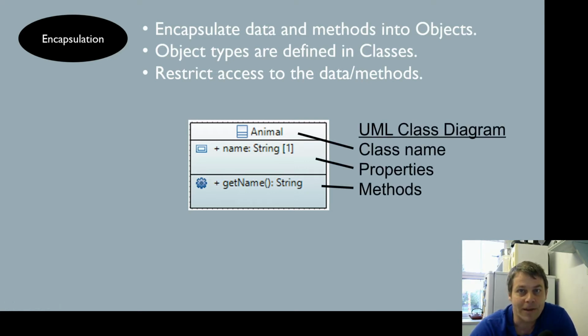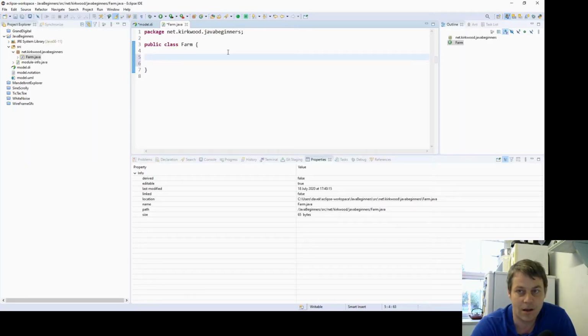We're going to build a very simple farm application, and it's a sort of database for animals on a farm. So we'll create an animal class, and that class has the name of the animal. So let's do that in Java. So I've got my farm class.